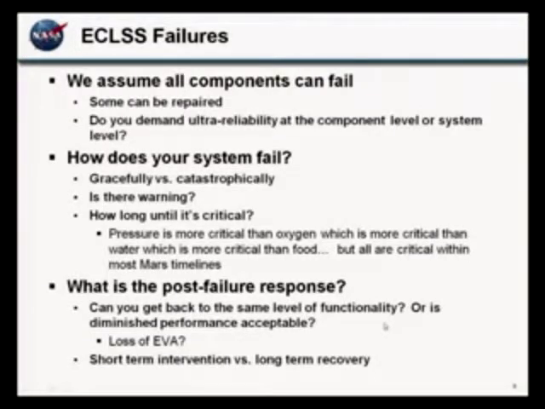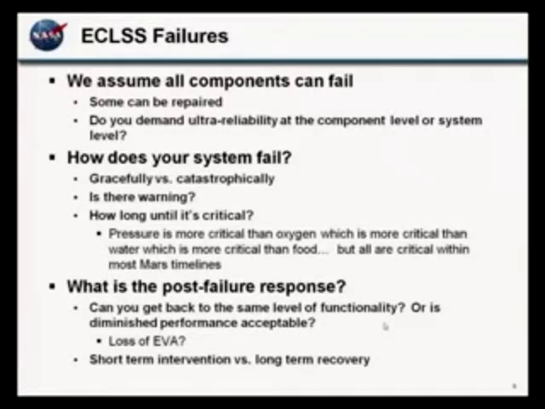Will you stop doing EVA because you can't recycle all the water? Will you stop doing laundry and wear the same clothes for months on end? Will you have designed a system where everybody has clean underwear packed for the same mission, but a limited number of t-shirts because you consider them less critical? You start to rank.